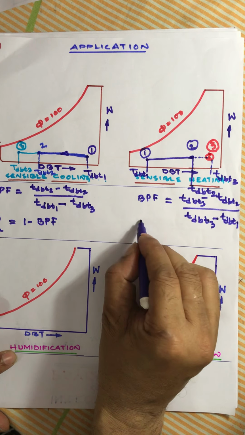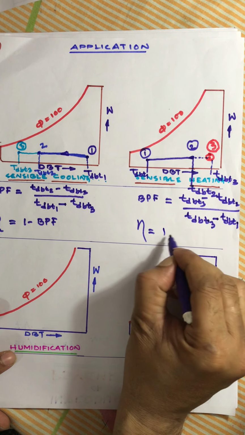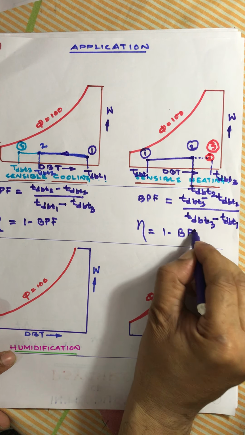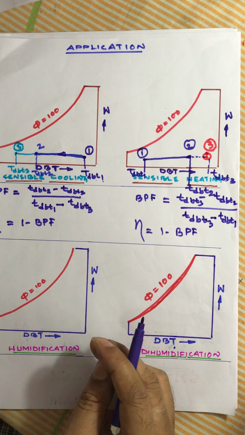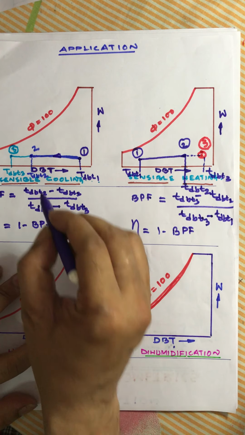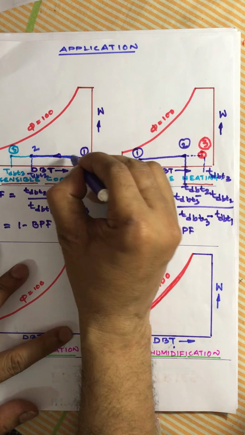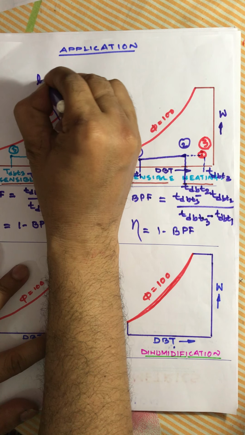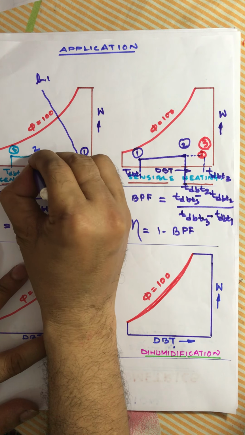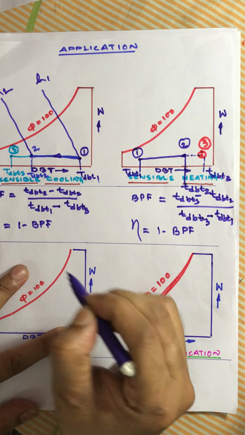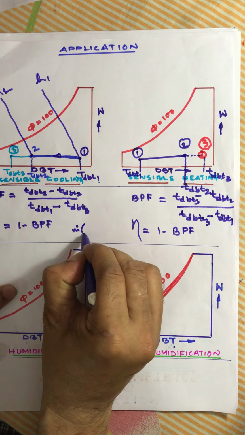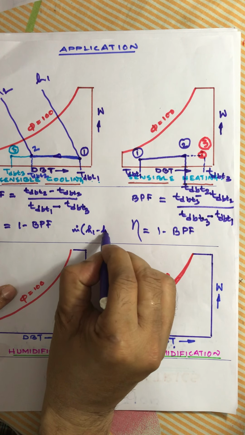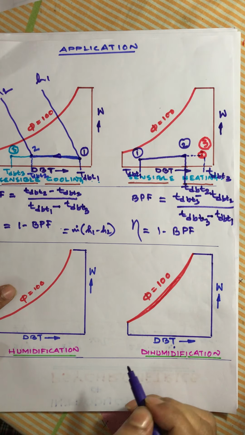So, similarly, we can get the efficiency of the heating coil, 1 minus bypass factor, and how much heat we have to reject or absorb from the system for having that effect, we can easily find out. Suppose this is H1 and this is H2. Definitely we can get this value: mass flow rate of air into H1 minus H2. Clear?